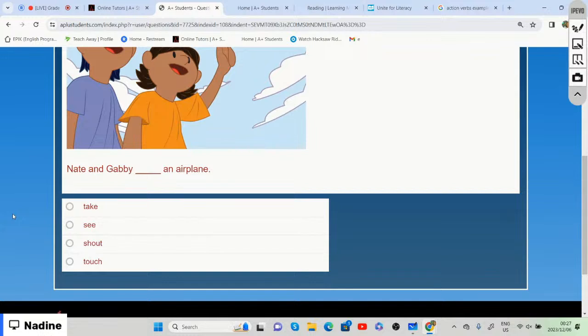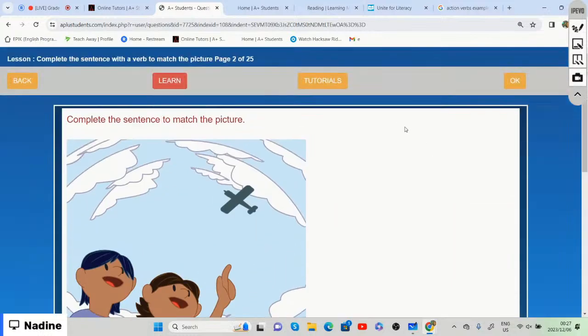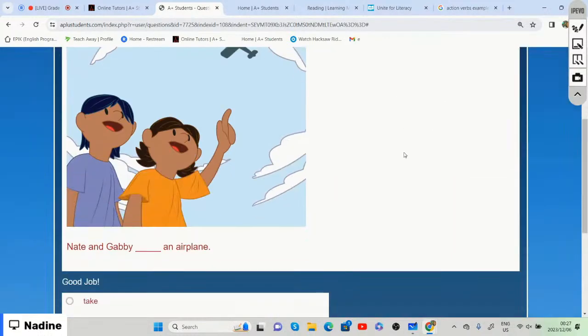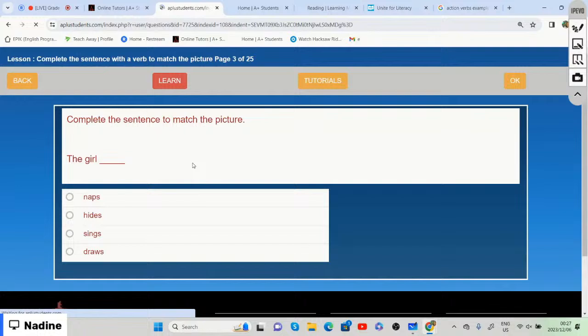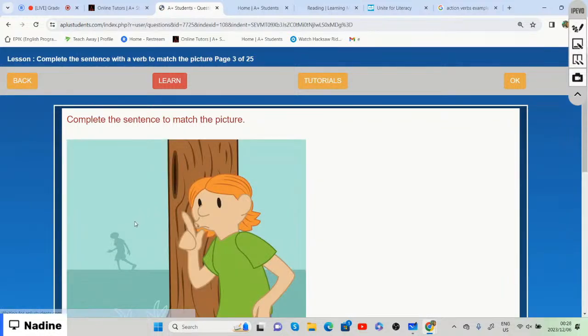So we can then say Nate and Gabby see an airplane. So see is our verb that tells us what Nate and Gabby do.